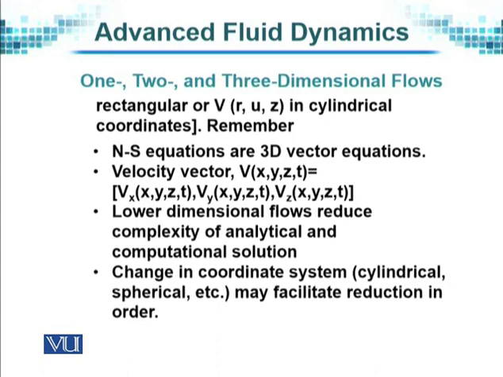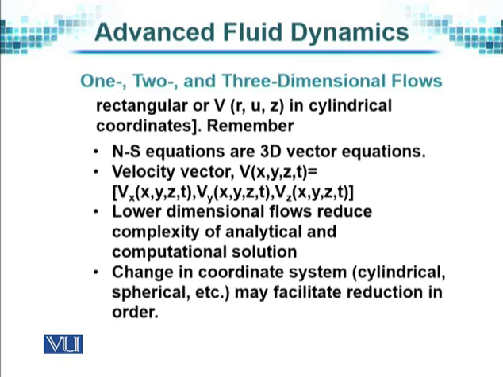The velocity vector, therefore, will generally depend on x, y, z coordinates and time, because time is another factor that makes it steady or unsteady, and therefore its involvement is essential, and it's a part of the Navier-Stokes equation.